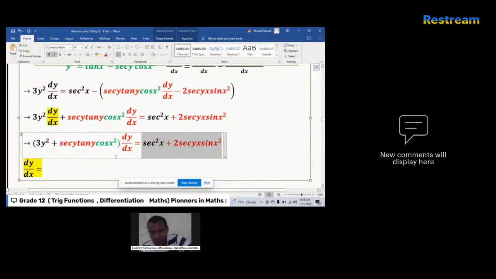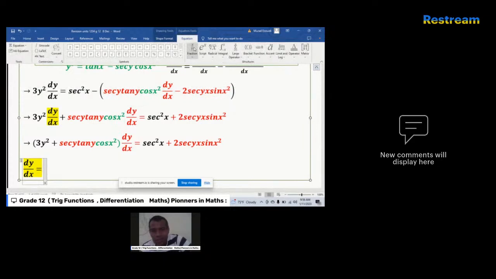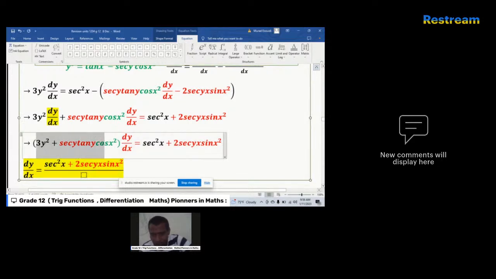Okay. Divided by, divided by what? Divided exactly by 3y square plus sec y tangent y cosine x square. Okay, divided by this. This is the first derivative of the function.